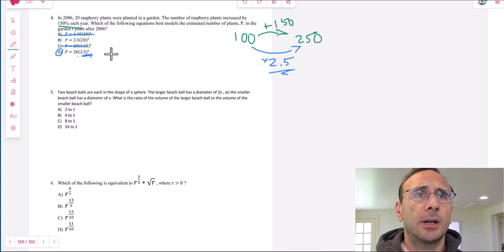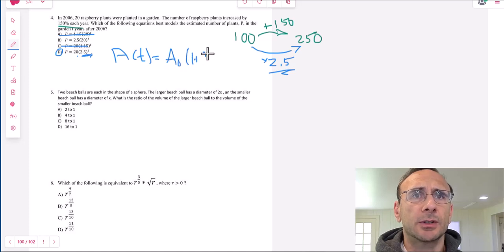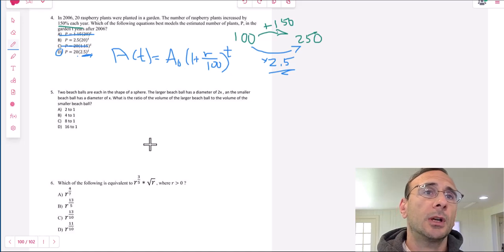The official exponential growth is that the amount at time t is the initial amount times 1 plus r over 100 to the t. Again, you could derive it for a situation pretty quickly, but that might help to know.